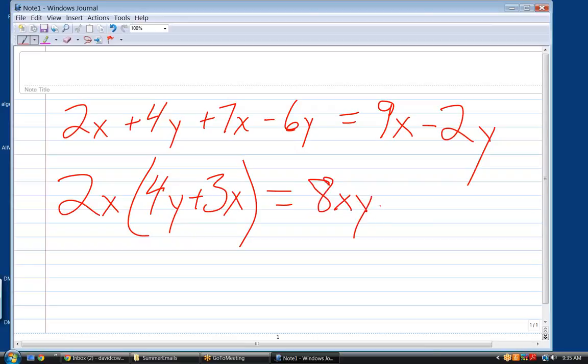And what's 2x times plus 3x? 6x squared. See why it's got to be x squared? Yeah. In other words, we're multiplying the 2 times the 3, but we also have to multiply the x times the x, which is x squared.